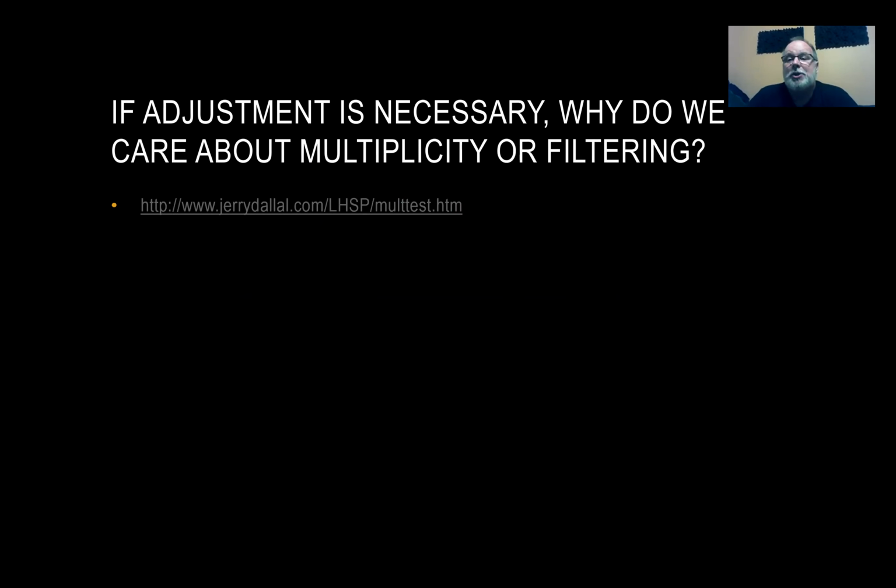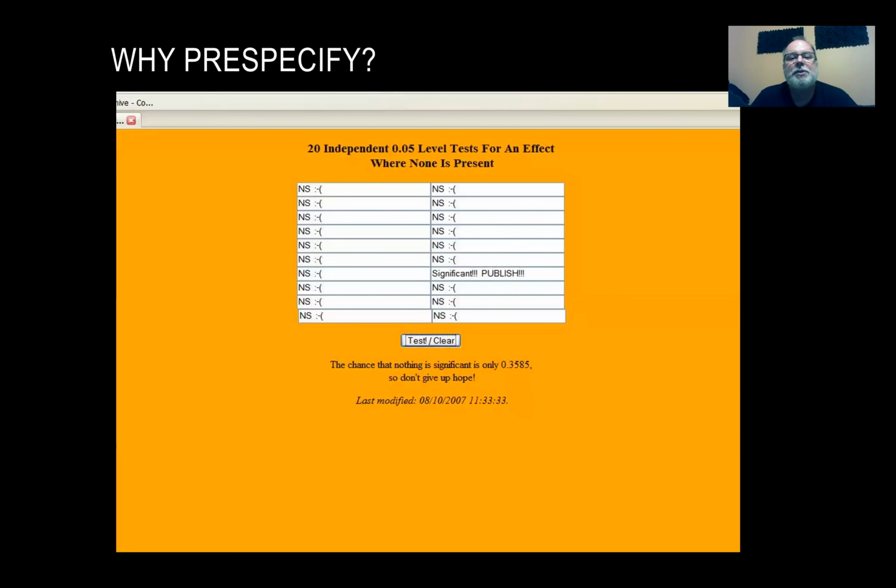So if you're going to do adjustment, say you do have a passel of secondary endpoints, why should you adjust? Well, here's a fun exercise that Jerry Dallal came up with. These are screen caps. This is actually a live simulator.